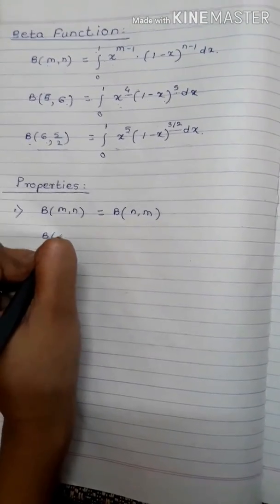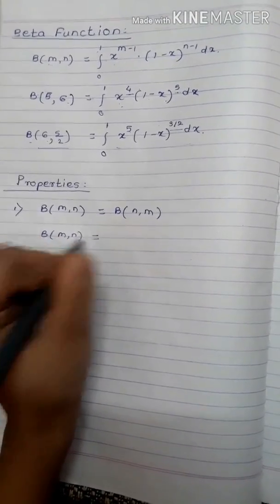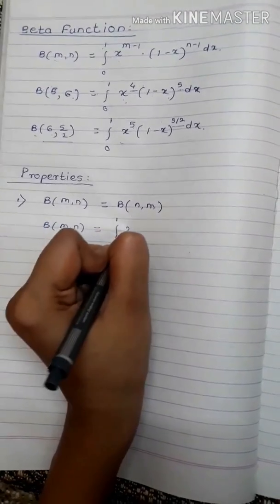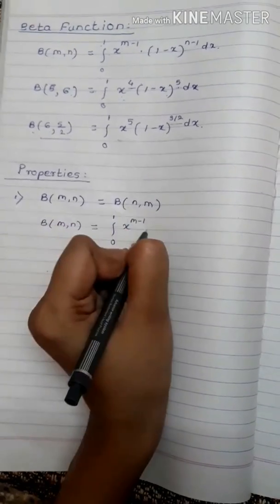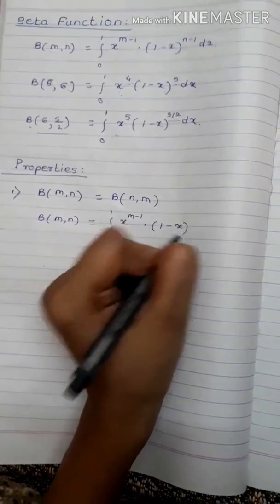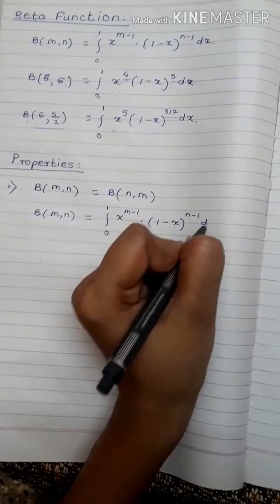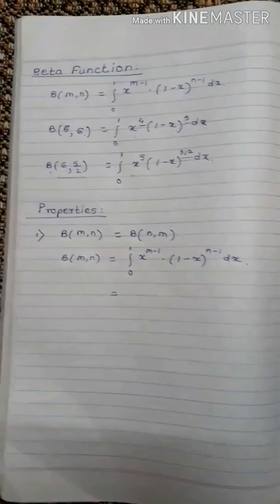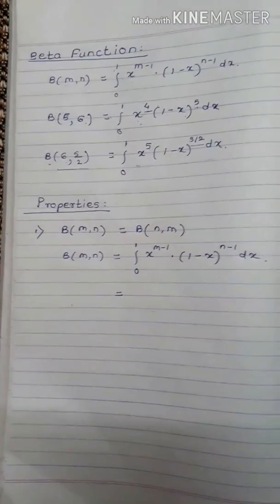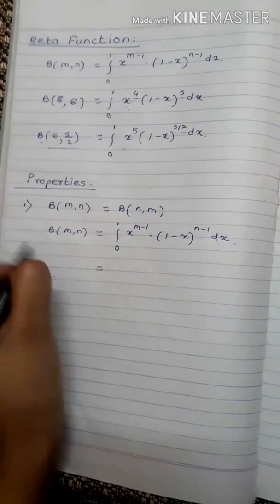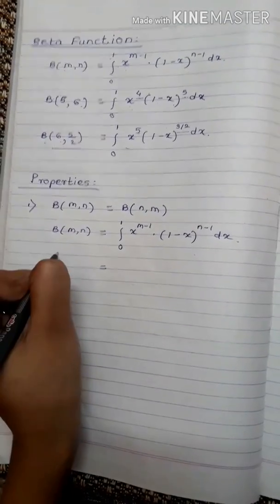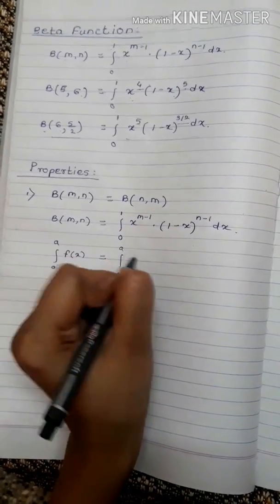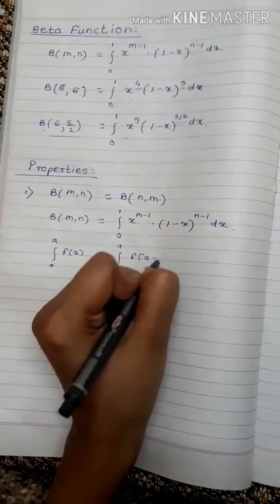Let's start with beta of m, n. So this is the integral from 0 to 1 of x to the power m minus 1 into 1 minus x to the power n minus 1. And we have often used one property for definite integrals, that the integral from 0 to a of f of x is the same as the integral of f of a minus x.